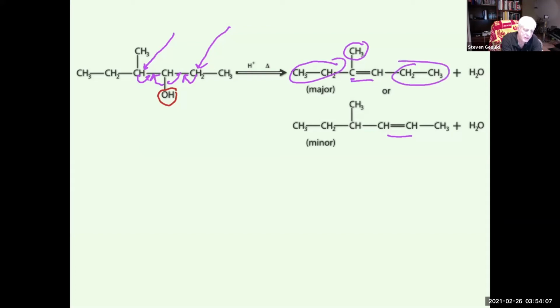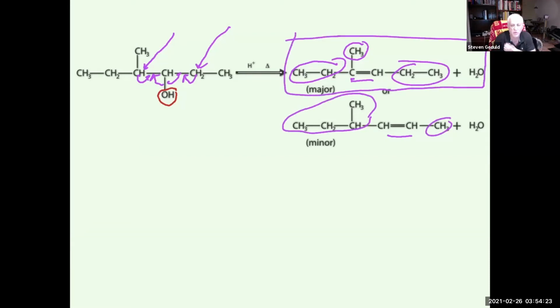So there's 3 alkyl groups attached to the carbons of the double bond. On this one here, you have an alkyl group attached, you have a hydrogen, then an alkyl group attached here, and one here. So there's 2. So this is your major product because there's 3 alkyl groups, R groups, carbon groups attached to the carbons of the double bond. And for elimination, carbon likes to be with carbon. So the more alkyl groups you have, the more that product's going to form. So that's your major product.